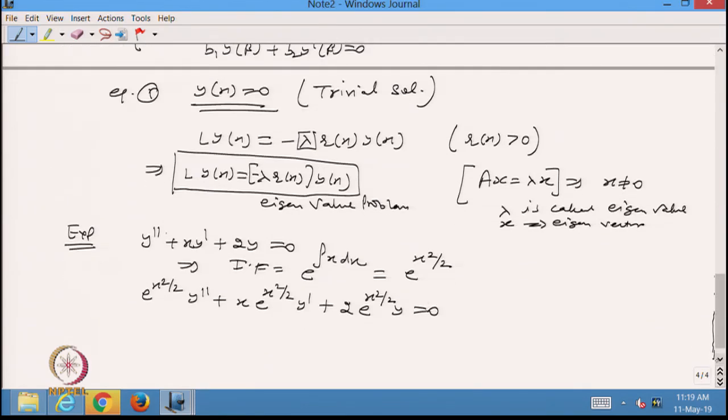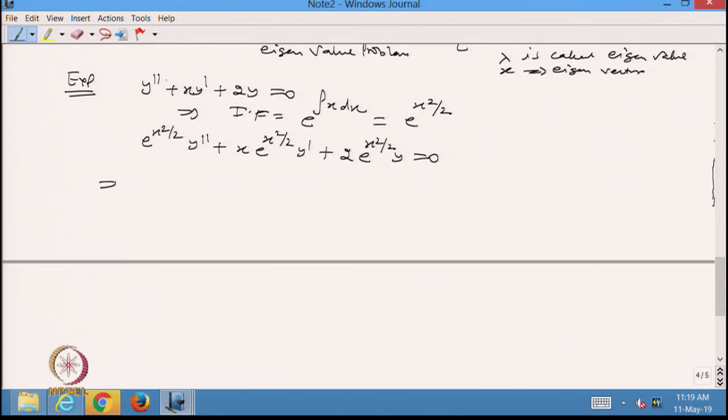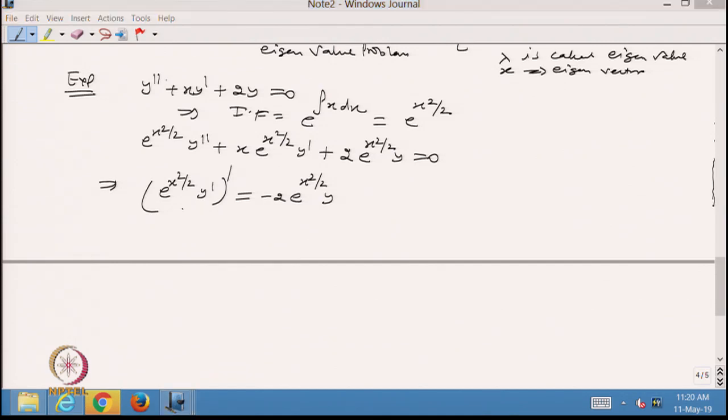So, from here I can write this equation as (e^(x^2/2) y')' = -2 e^(x^2/2) y. Now, if you take the derivative of the left side, it is the first function times the derivative of the second, so y'', plus e^(x^2/2) itself times the derivative of x^2/2, which is x, so y'.